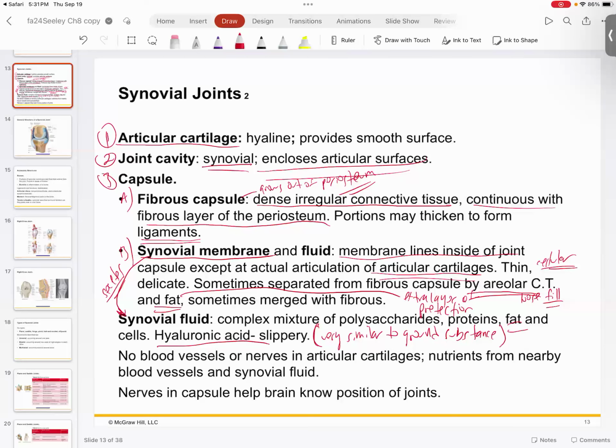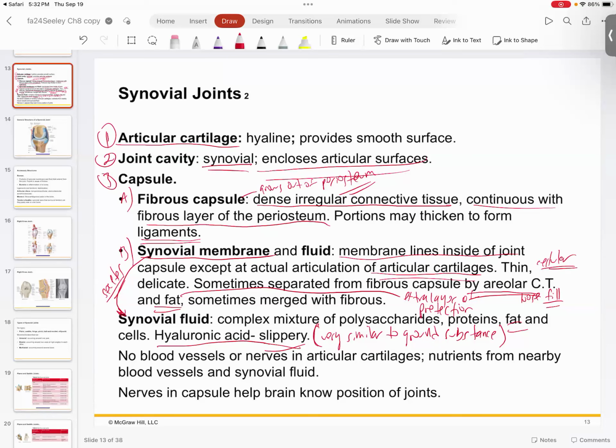We said it had all these polysaccharide protein molecules in it, had hyaluronic acid in it, which creates kind of the slippery, lubricating type of texture. Well, basically, that's what synovial fluid is. It's a slippery type of fluid that looks very similar to the way ground substance looks. And so this creates a lot of lubrication in the joint itself.